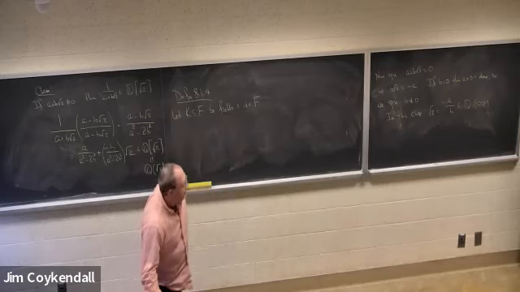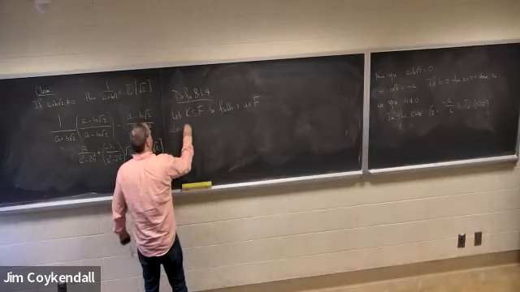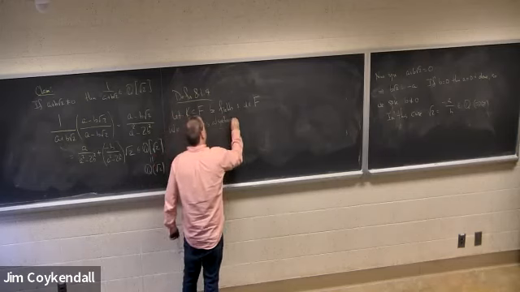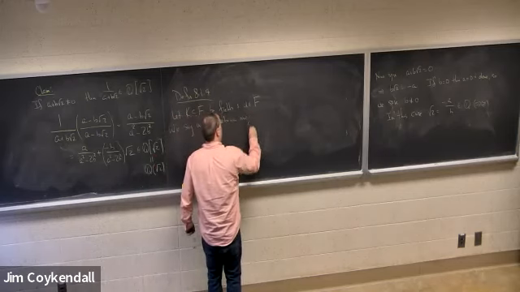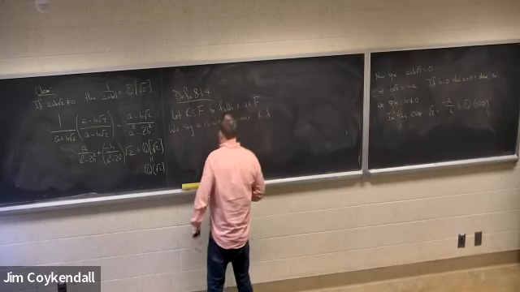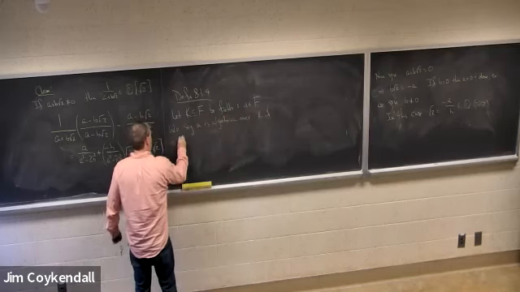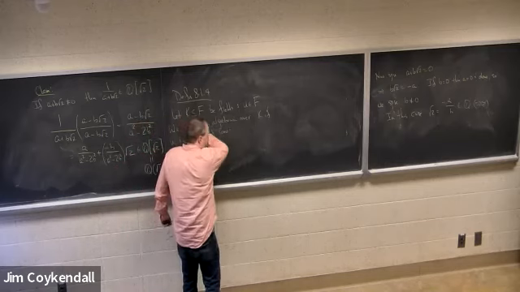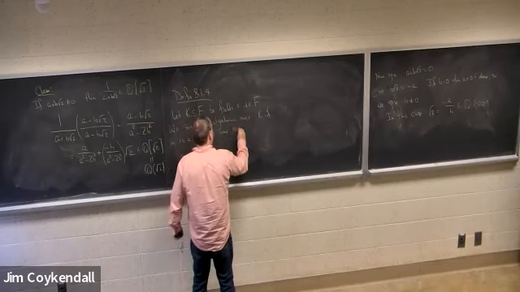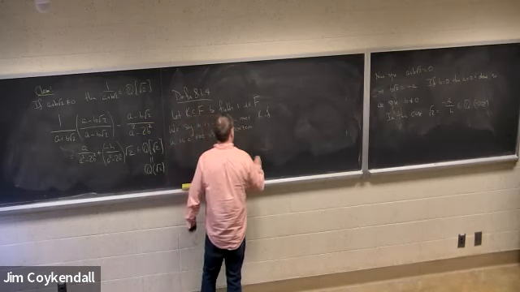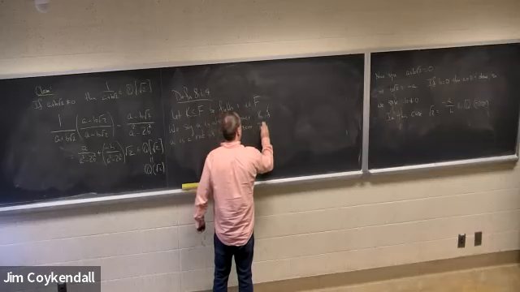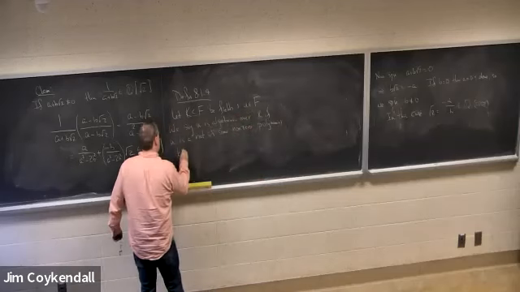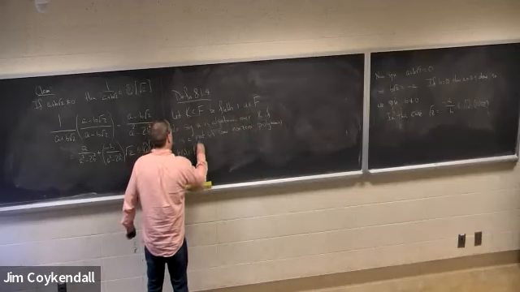We say that U is algebraic over K if U is a root of some, let me be careful, a non-zero polynomial in K[x].